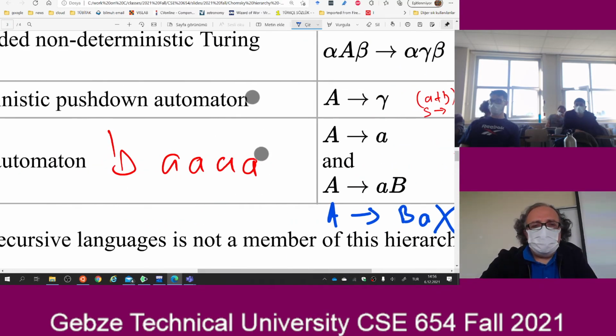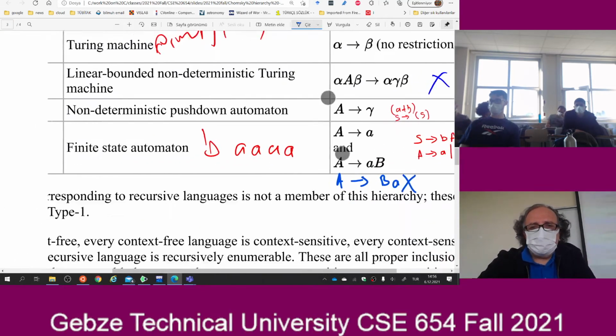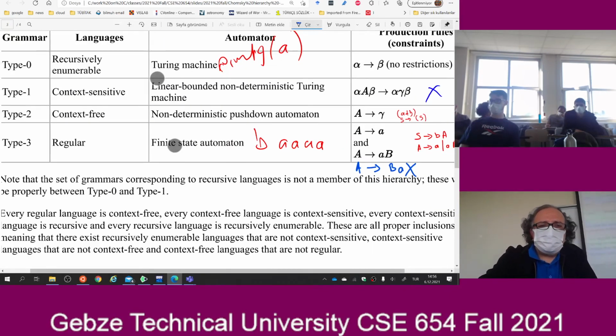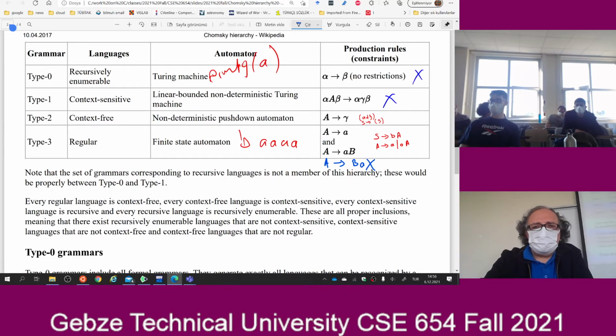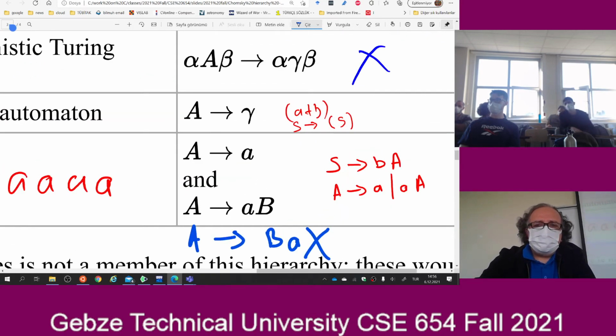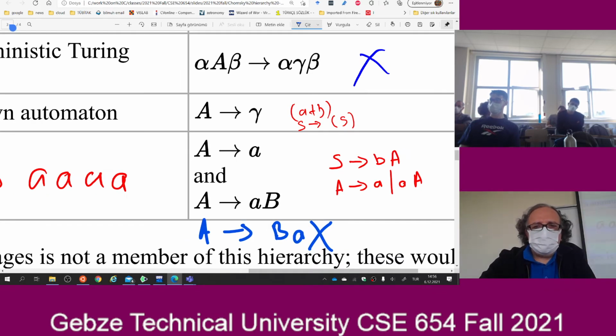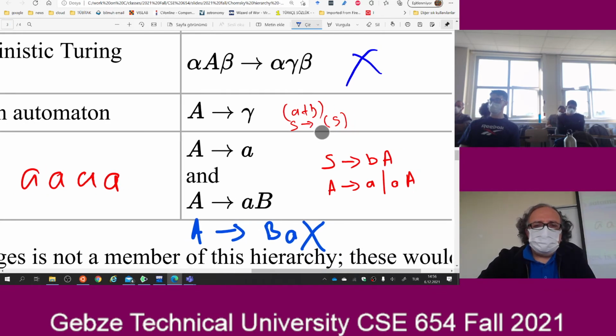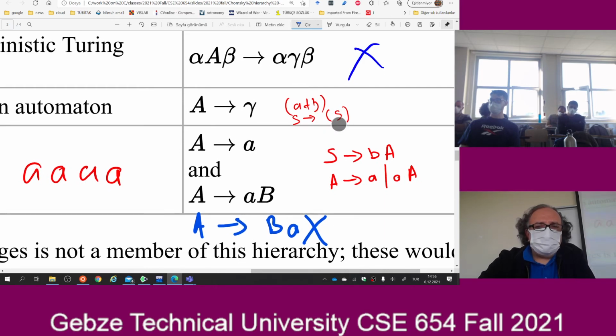And then we have context-free grammars. Context-free grammars say that on the left side you will have a non-terminal. On the right side you can have anything you like. It could be all terminals, like A plus B, or it could be another non-terminal.